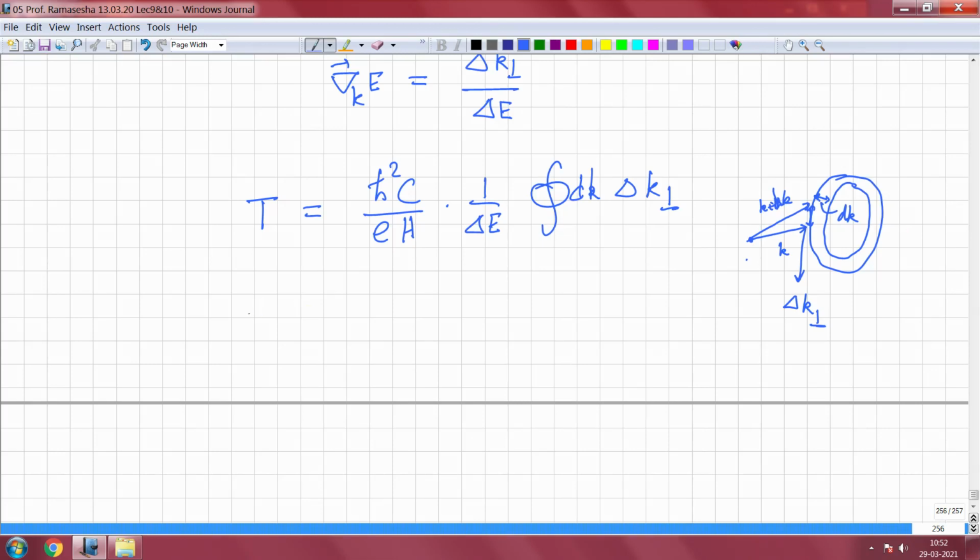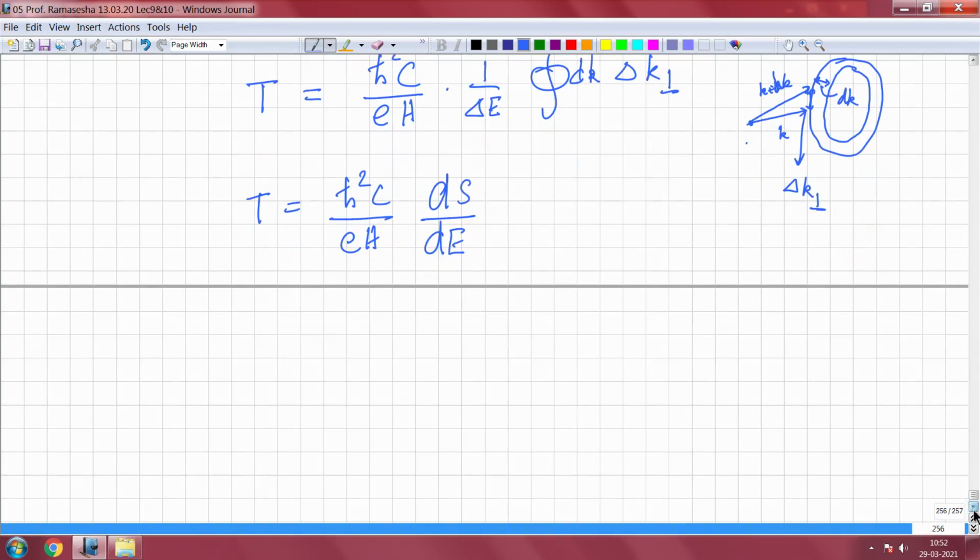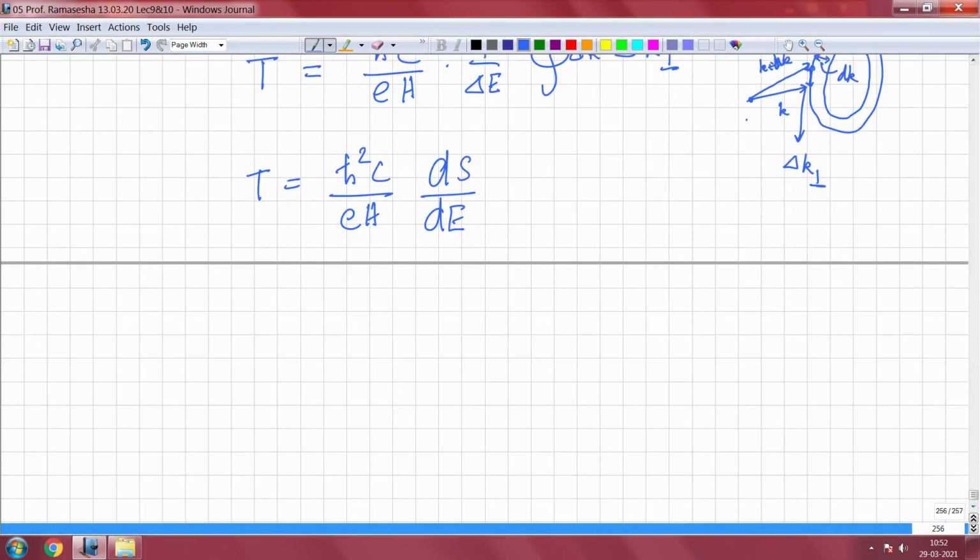Okay. So what it gives me is that it is the area of the shell. So I have T is equal to h cross squared c by eH dS by dE. S is the area of the circle around which the cyclotron resonance is taking place.